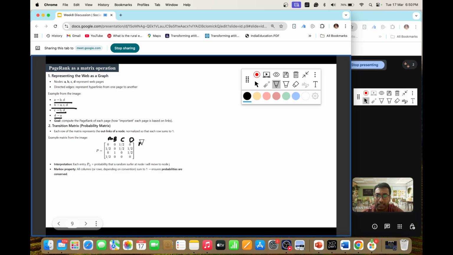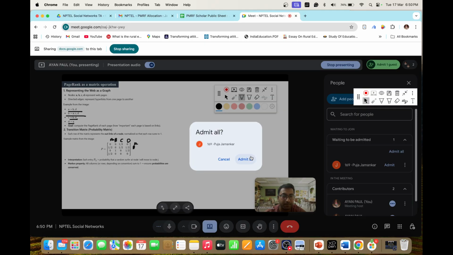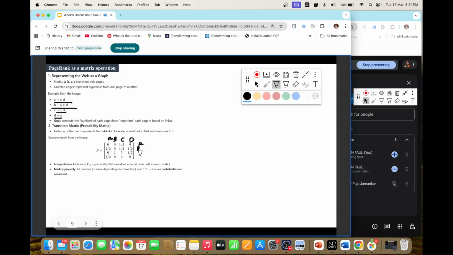So A, B, C, D. Okay, so we have 4 sources and 4 targets.